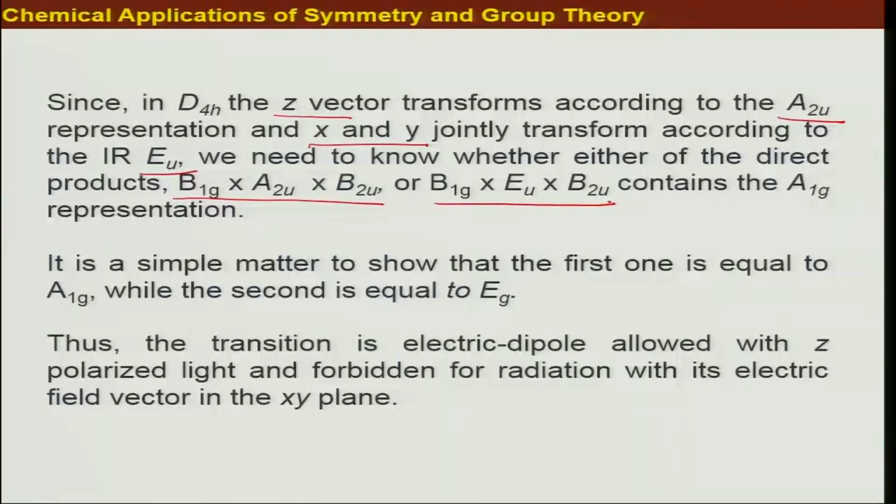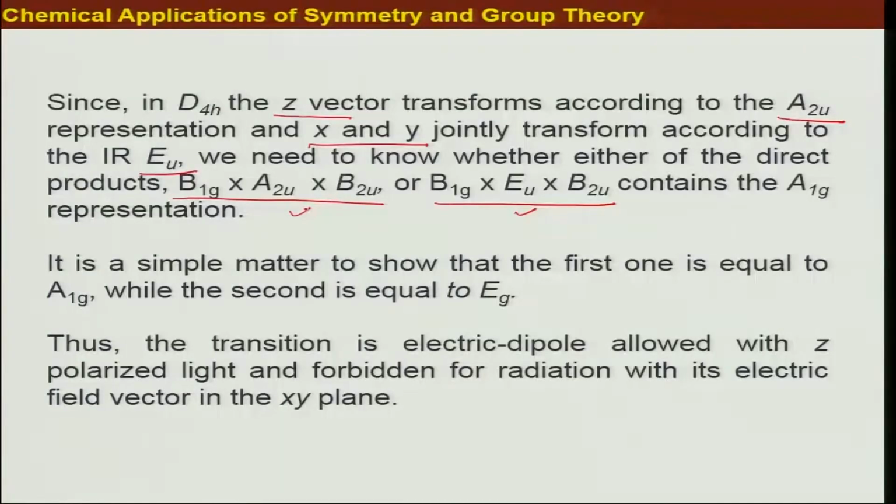Then we are left with two different cases of direct products. Whichever direct product yields the totally symmetric irreducible representation will survive. In this particular case, this representation deals with x and y together, while this one deals with the z polarization.